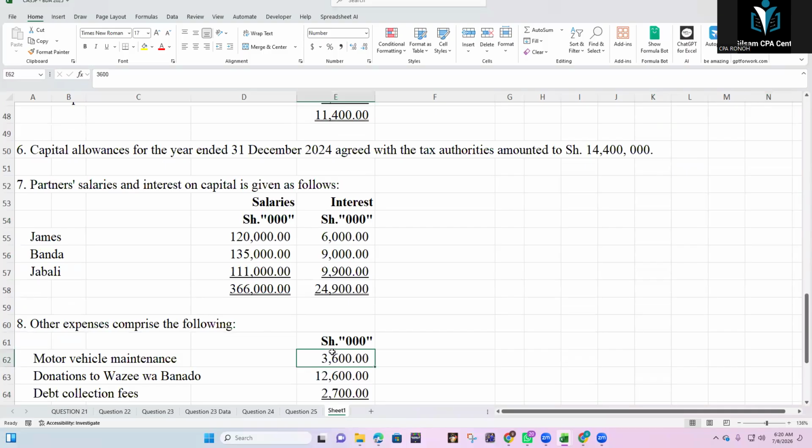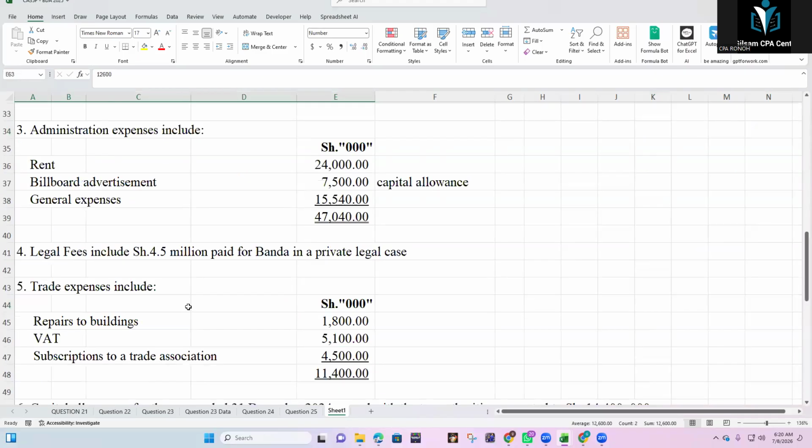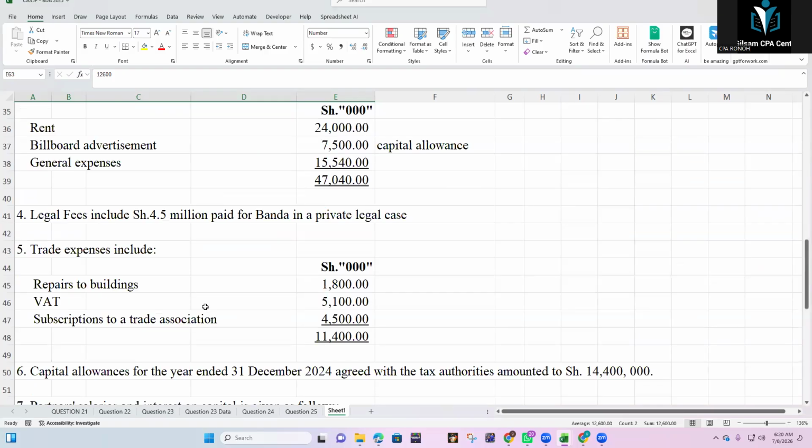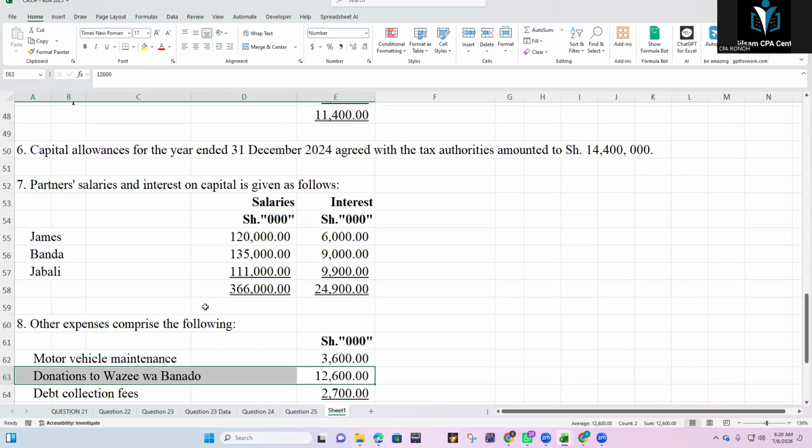It is relating to the business income. Donation to Wase Wabanado. So Wase Wabanado, this is for a specific person. Unless Wase Wabanado, is it Bernard, not the partners? So let's assume Wase is a charitable organization.